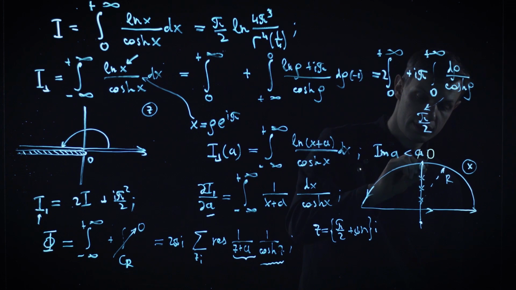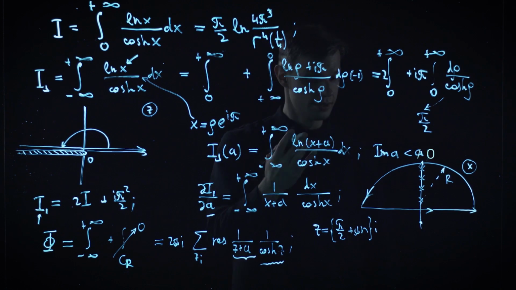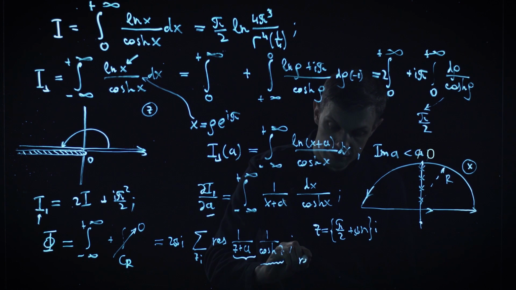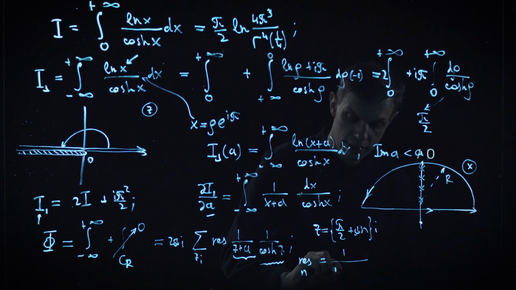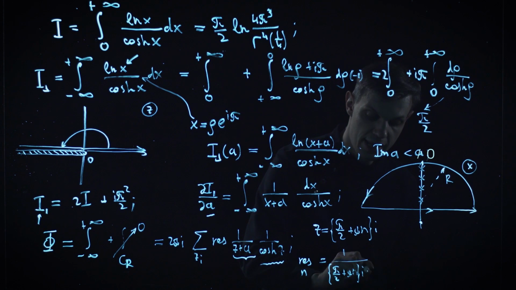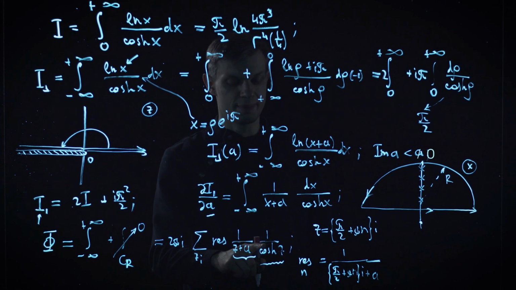They're equidistant, and all of them are simple poles. And the residues of these functions are simply 1 over pi by 2 plus pi n I plus a, multiplied by the Taylor expansion of this cosine hyperbolic function.